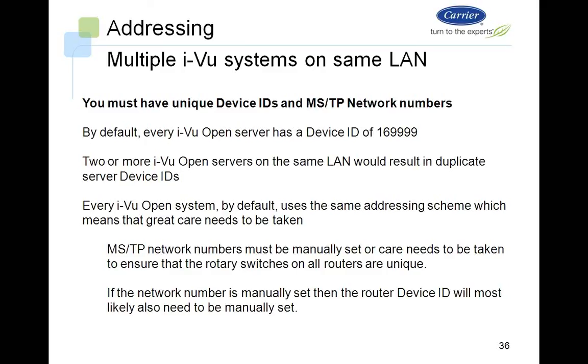If you place two or more iView Open servers on a given network, whether that's in a given building or a customer who has their own LAN, for example United Technologies, with two or more campuses that are part of the UTC company, even though they're different buildings or different cities, they'd still probably be on the same overall corporate LAN, and thus you must ensure that the device instances are still unique.